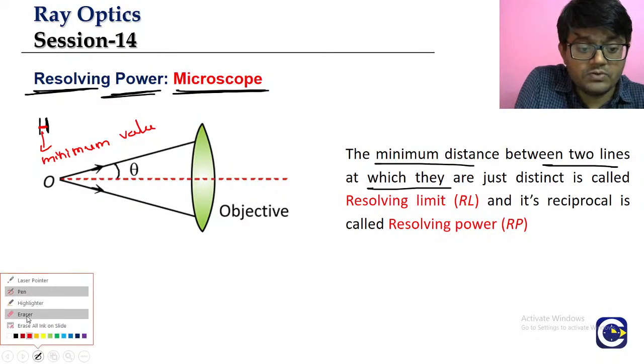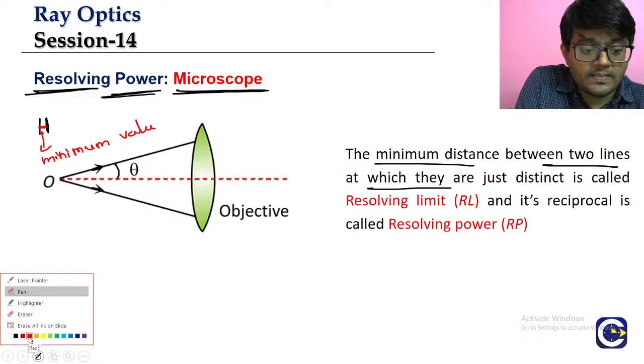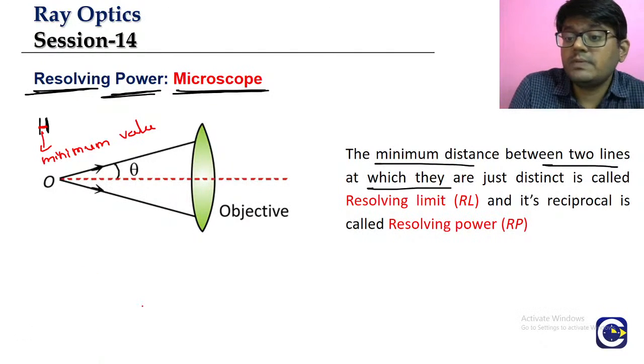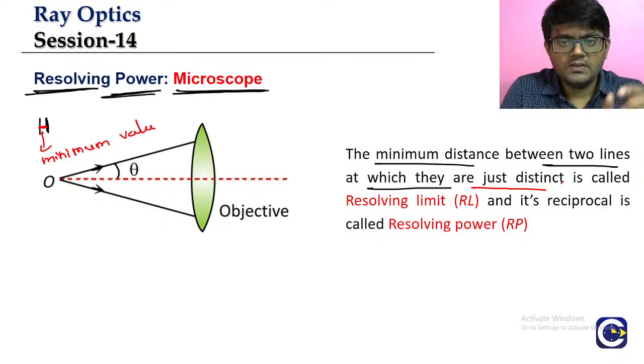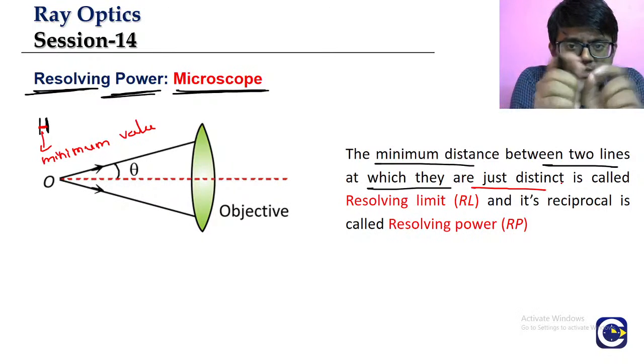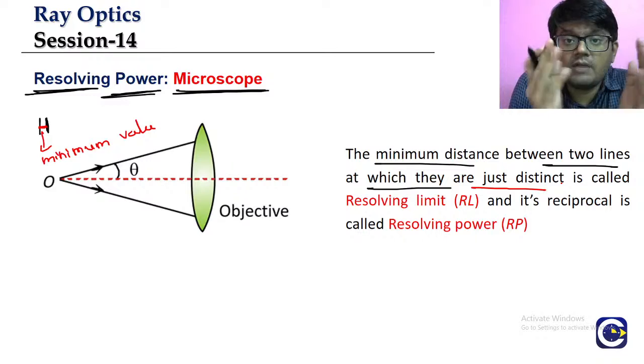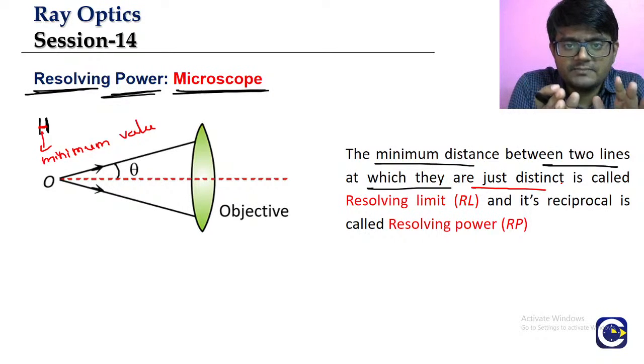We are observing it by using the microscope. The minimum distance between the 2 lines at which we can see them distinctly, because if you bring the lines even closer, the microscope will not be able to give us distinct images.